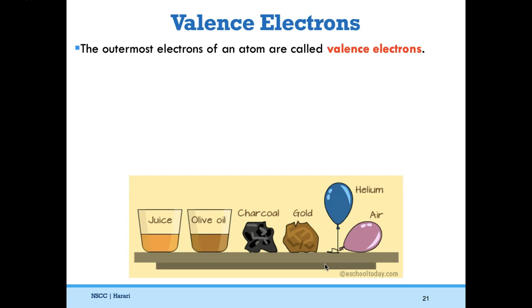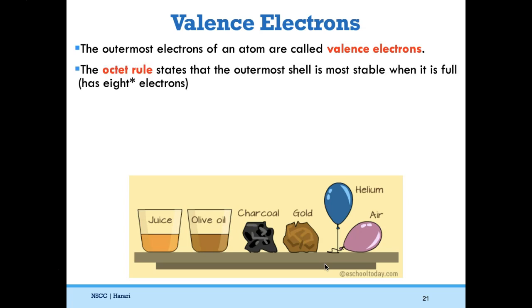The outermost electrons of an atom are called valence electrons. The octet rule states that the outermost shell is most stable when it is full. Meaning, when the outermost shell has 8 electrons, that's when it's most stable.